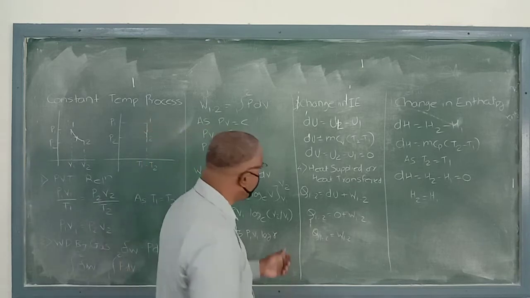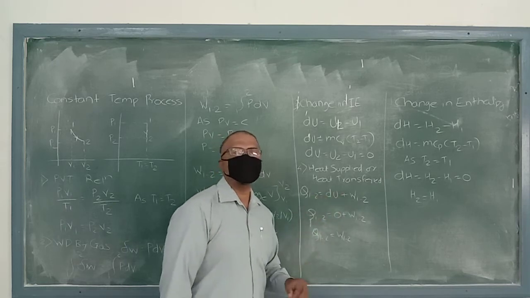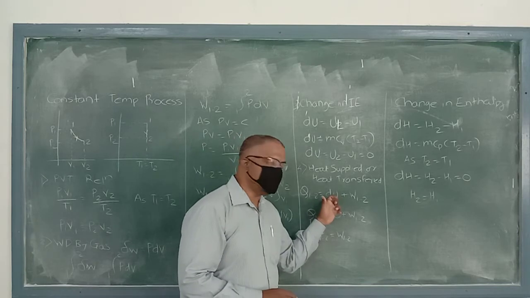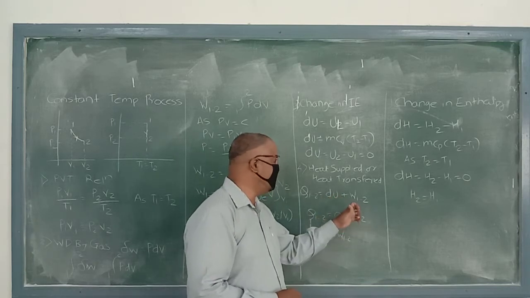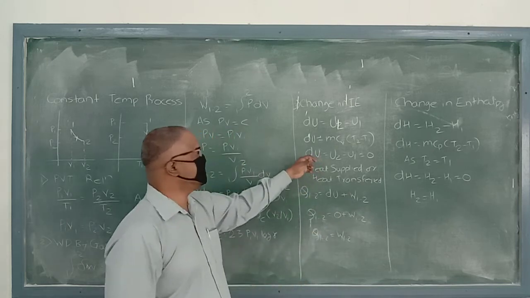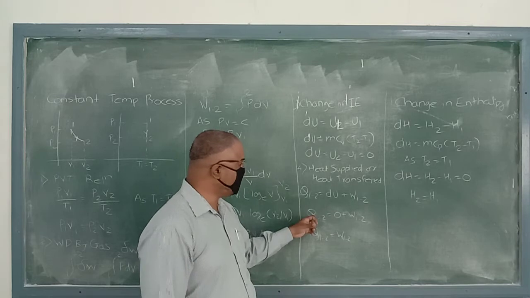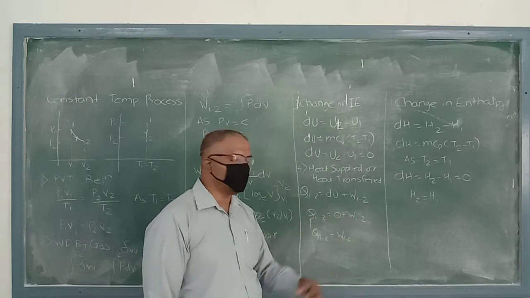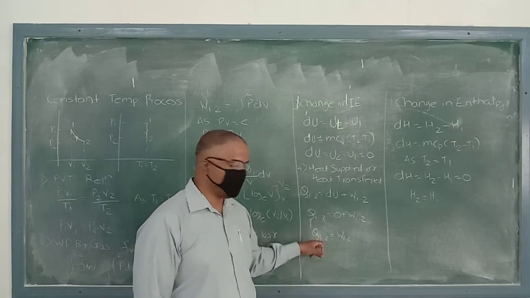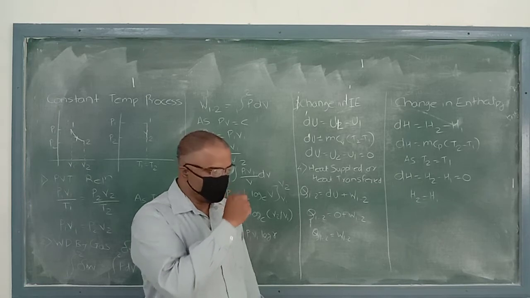So the equation becomes Q1-2 is equal to dU plus W1-2. Now we have found the change in internal energy, and we have found the amount of work done. As per our findings, dU is equal to 0, so the equation becomes Q1-2 is equal to W1-2.